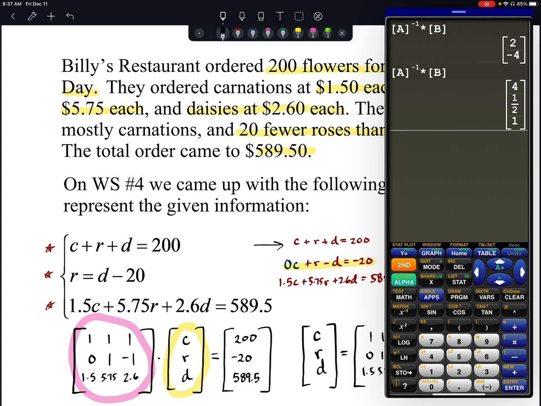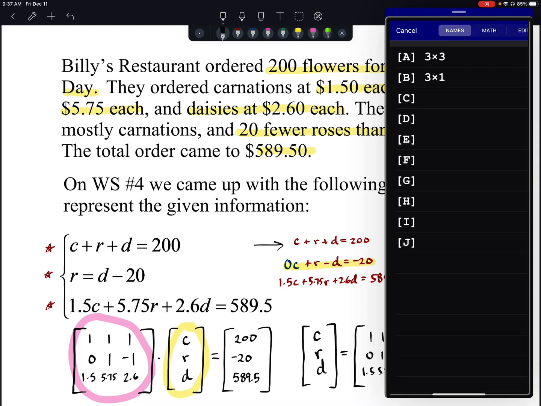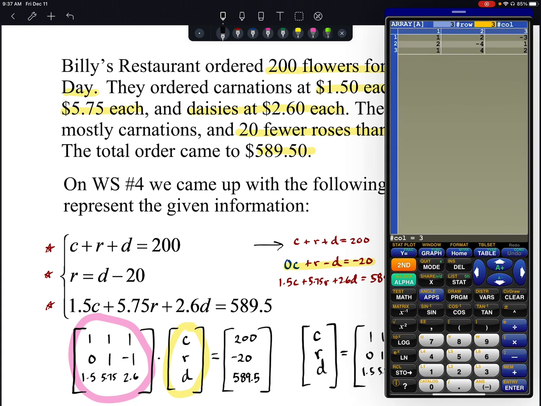I'm going to go into my matrix menu. I'm going to go into that first one under edit, 3 by 3, so enter, enter. Okay, so here we go. I've got 1, 1, and 1. And then we have 0, 1, and negative 1.